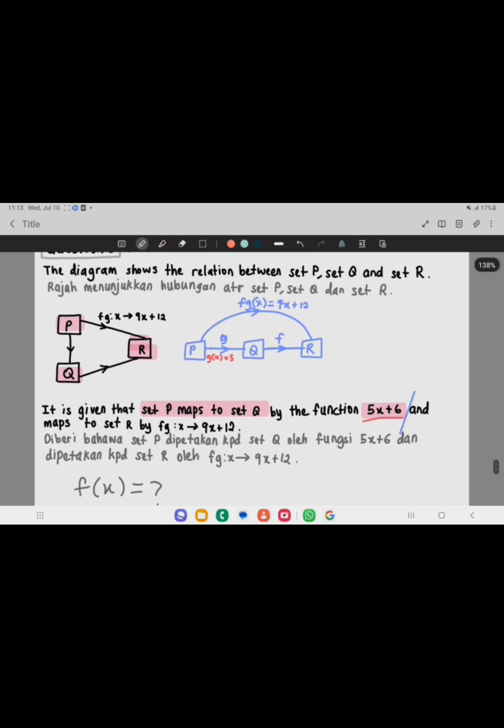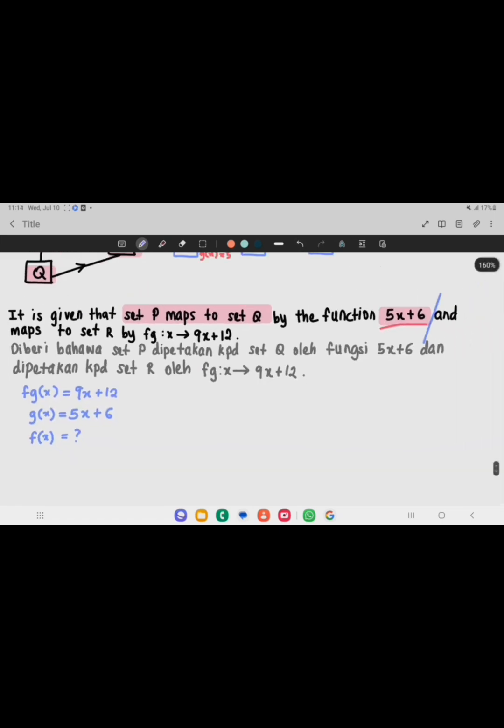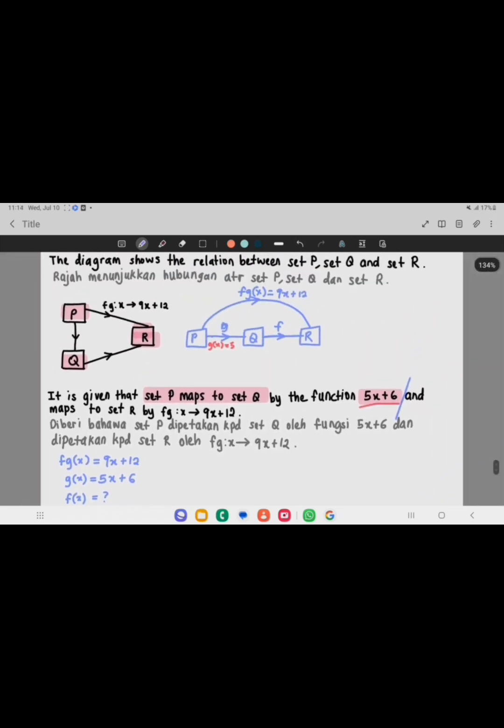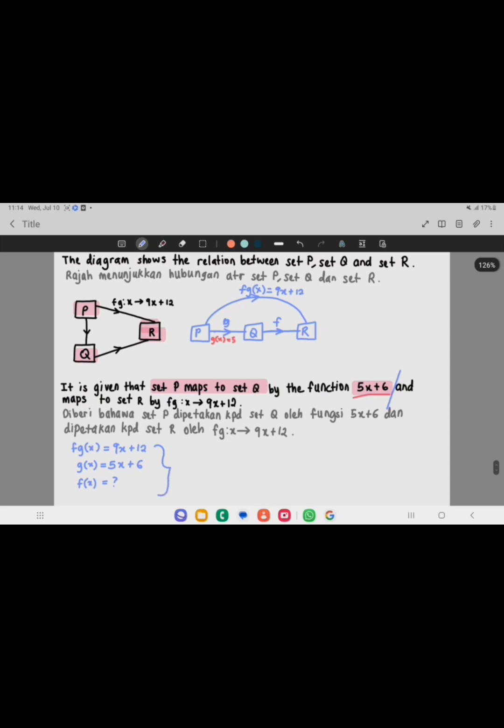So fg(x) is given to you, g(x) is given to you, and you want to find f now. Here I have simplified it for you: fg(x) is given, g(x) is given, so we are required to find f(x). From the diagram you have to take out all this information, and then only you can start to answer the question.